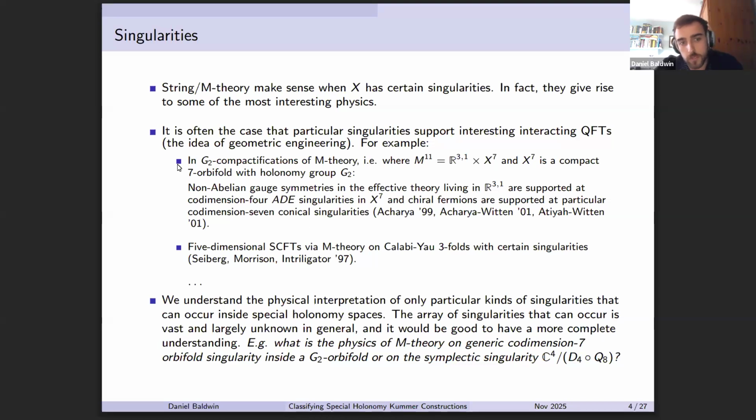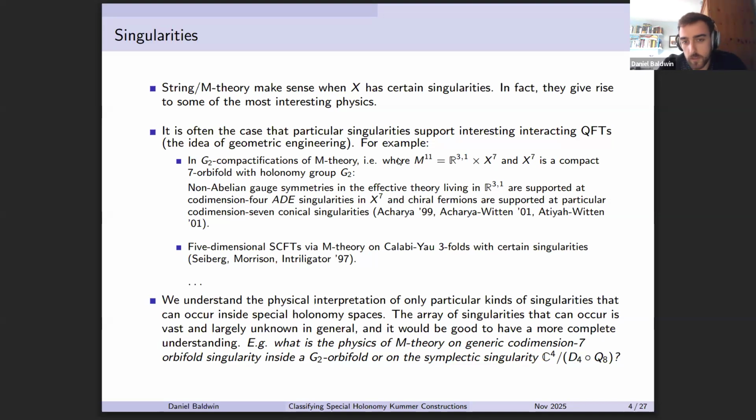Some well-known examples are in G2 compactifications of M theory. These are cases where we take our 11-dimensional spacetime to be 4D Minkowski times a compact 7 orbifold with holonomy group G2.